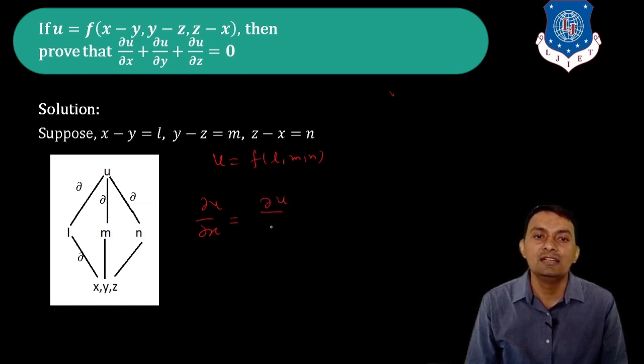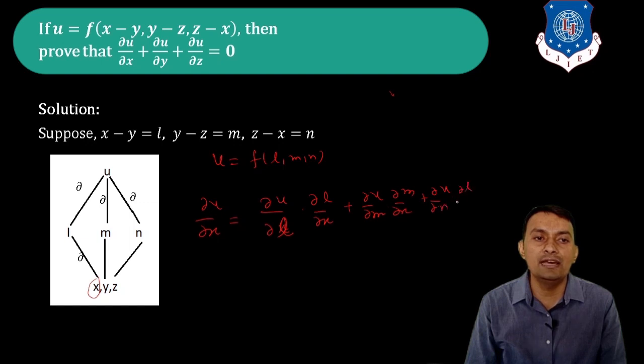Otherwise you may write del u by del l and then del l by del x. So keep in mind that if you want to find del u by del x, this is the first approach, plus the second, plus the third. So I am going to consider del u by del l into del l by del x, plus del u by del m into del m by del x, plus del u by del n into del n by del x.